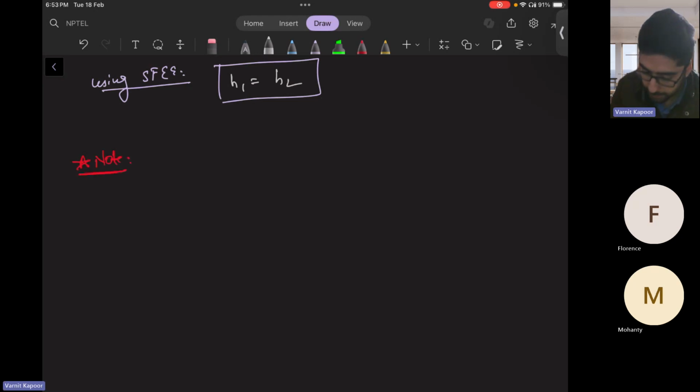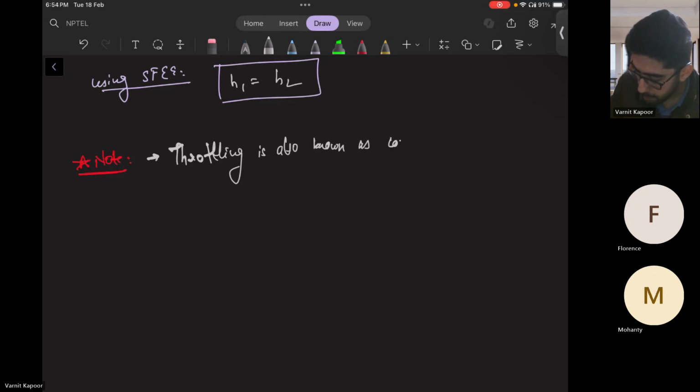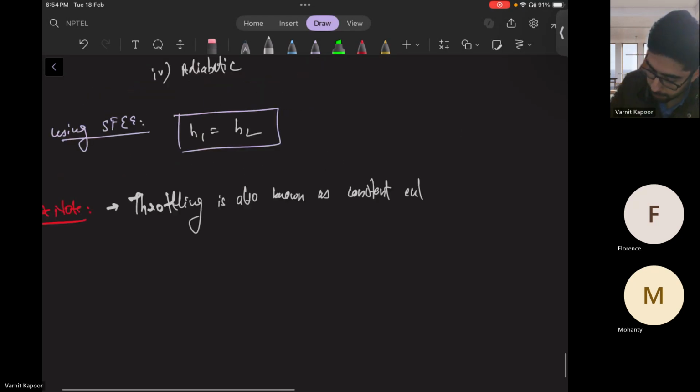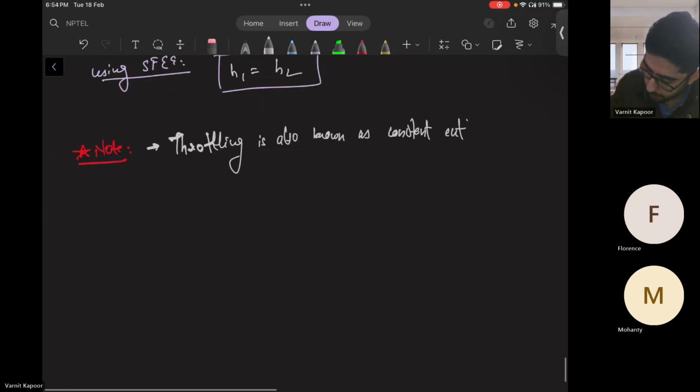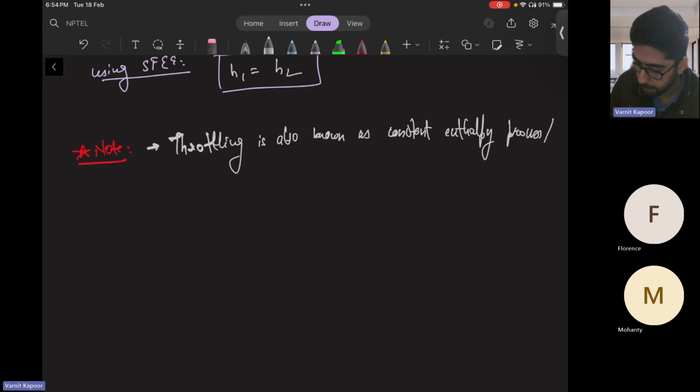Throttling is also known as constant enthalpy or isenthalpic process.